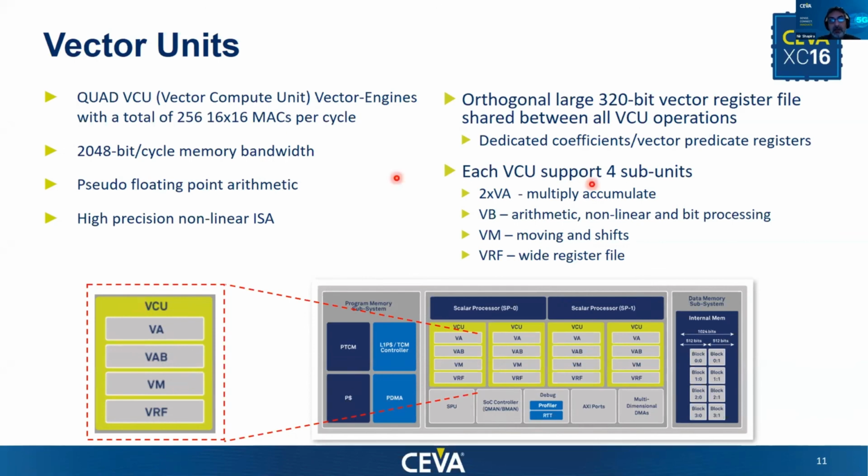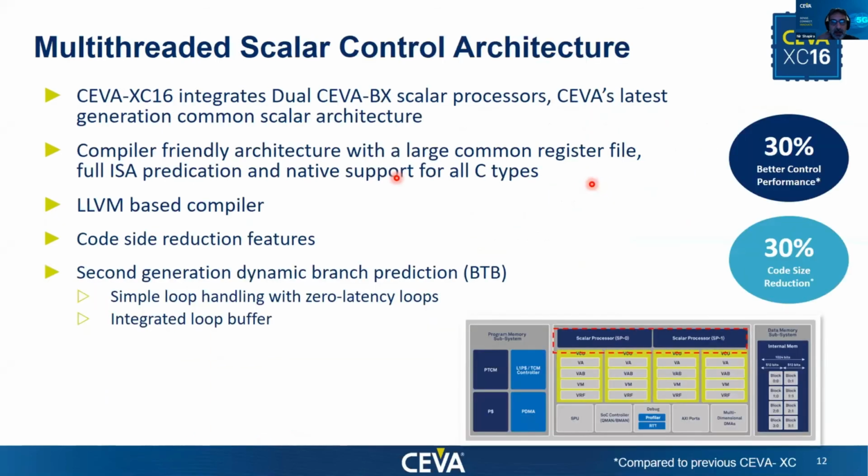So we have an orthogonal large 320-bit vector register file that is shared between all the VCU operations.